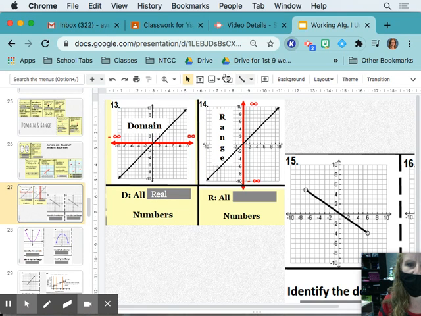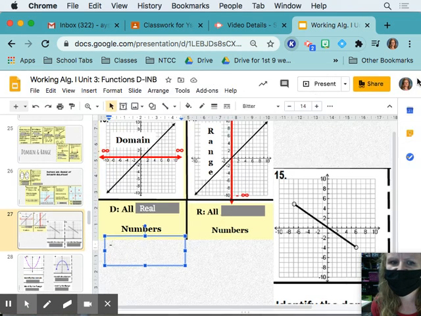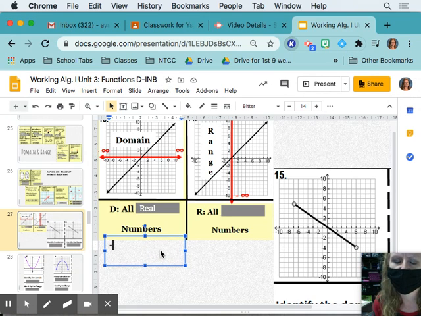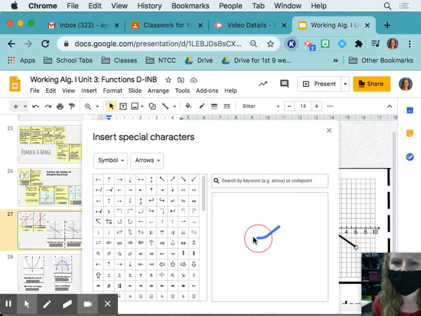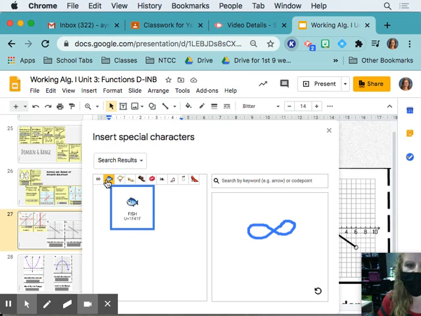We can also write it as, let's see, I need to do some text. So do a text box. We can also write it as an inequality where you go from negative infinity. Do y'all remember how to get the infinity sign? Insert special characters. You can draw your infinity sign. That's funny. A fish.